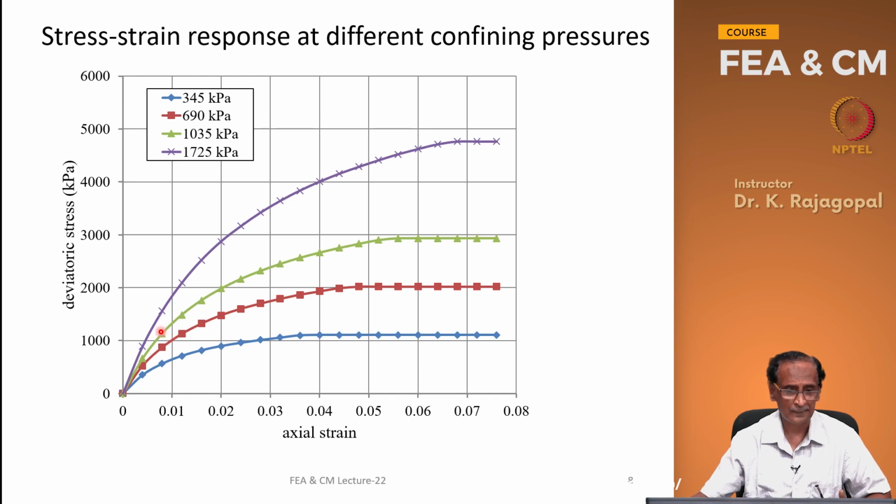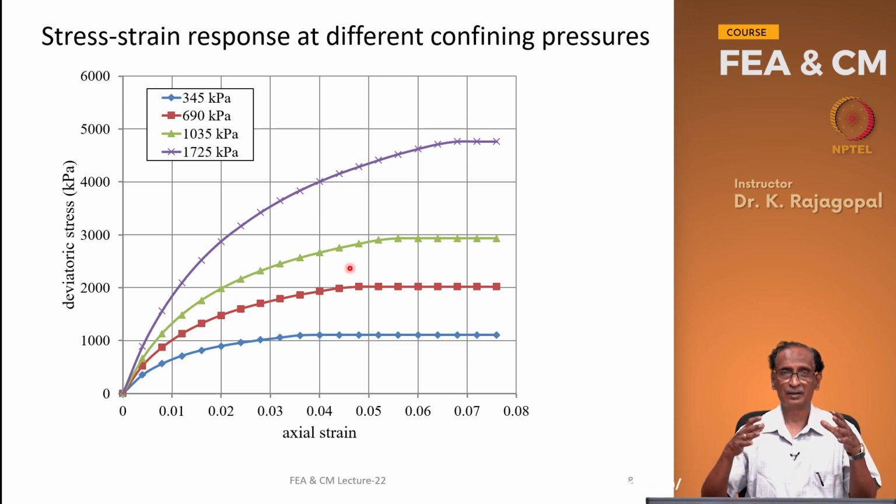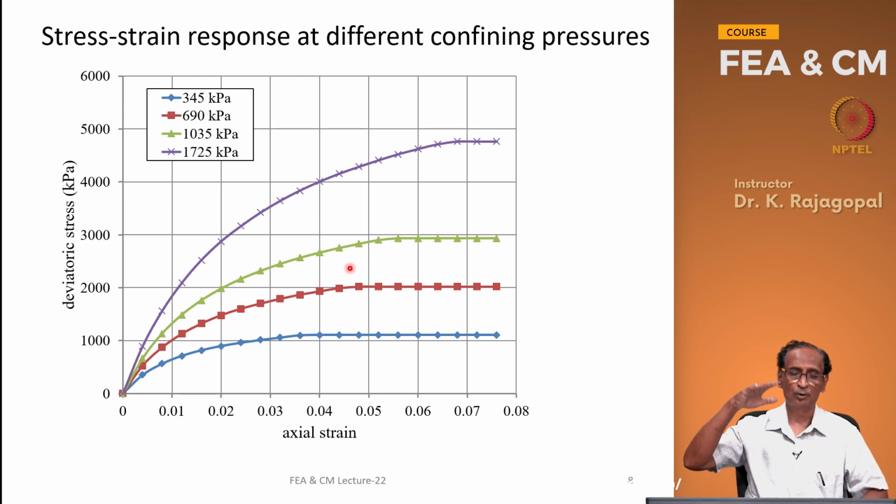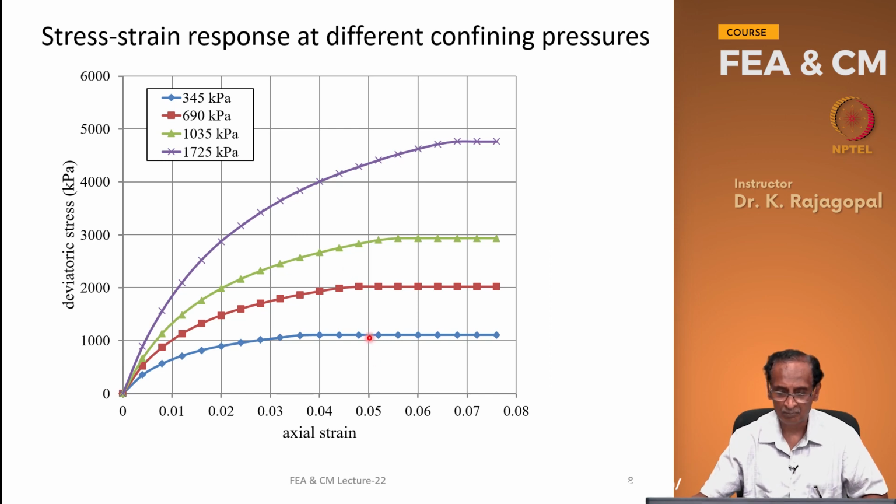triaxial compression test. This is the same soil placed at the same relative density, but tested at different confining pressures of 345, 690, 1035 and 1725, and you see that as the confining pressure is increasing, the strength is increasing, and it's not only the strength but also the initial slope of these stress-strain curves that is increasing.